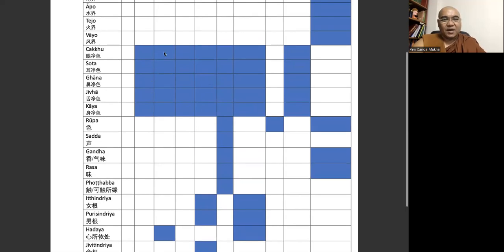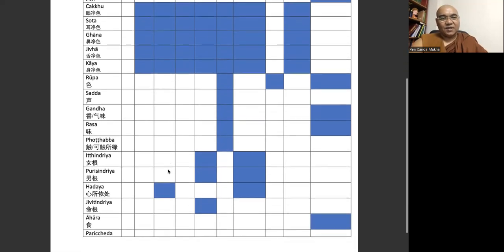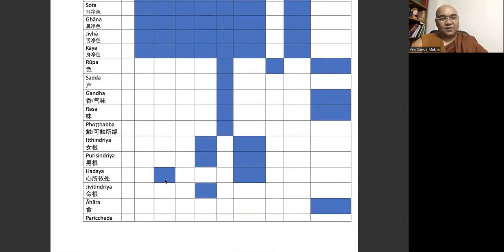For example, eye consciousness arises depending on this eye sensitivity. Basing on this sensitivity, eye consciousness arises. Basing on the ear sensitivity, ear consciousness arises. Also Ghana, basing on the nose sensitivity, nose consciousness arises; Jivha; then Kaya, body; and then Hadaya, heart.